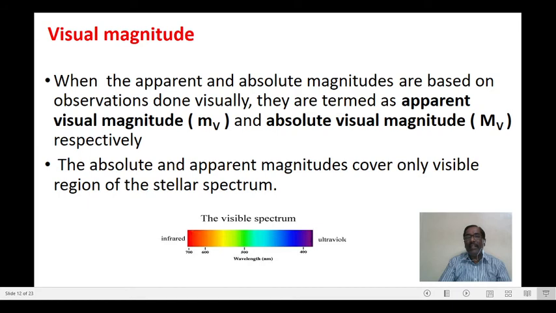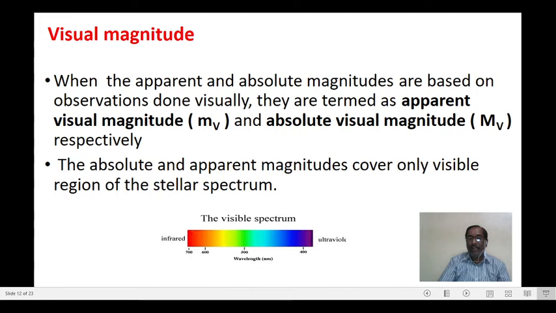Next, visual magnitude. When the apparent and absolute magnitudes are based on observations done visually, they are termed apparent visual magnitude and absolute visual magnitude respectively. Apparent visual magnitude is represented by small m_v, absolute visual magnitude is represented by capital M_V.